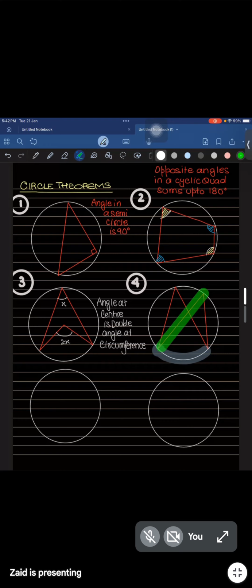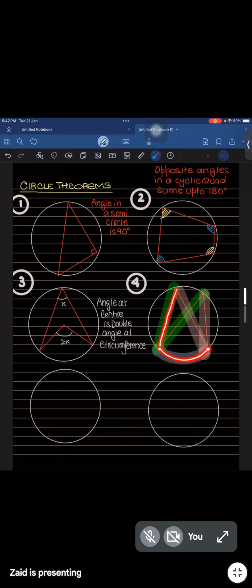This one and this one have a common point, and that one and this one have a common point. So these are the angles in the same segment. What do I mean by segment? They're lying in the same part of the circle. This is the segment they are sharing.